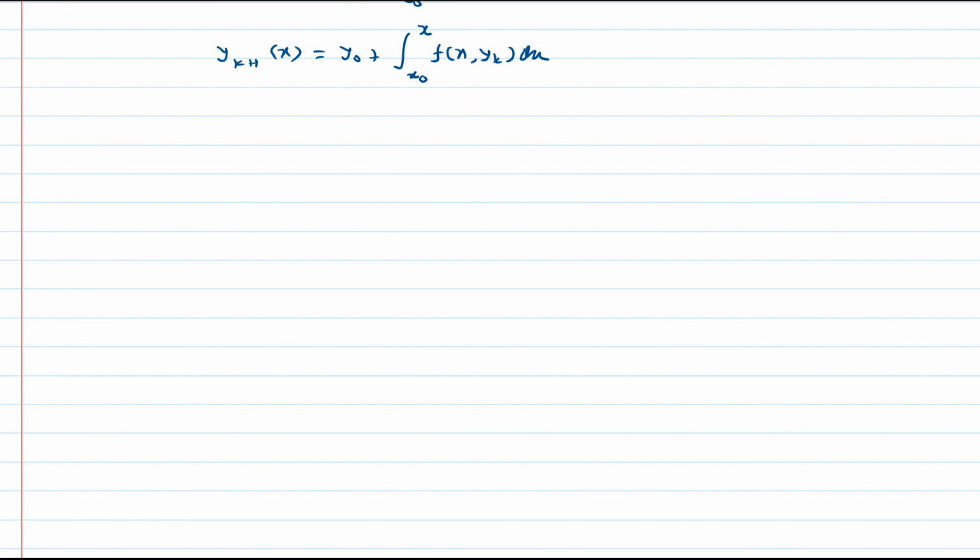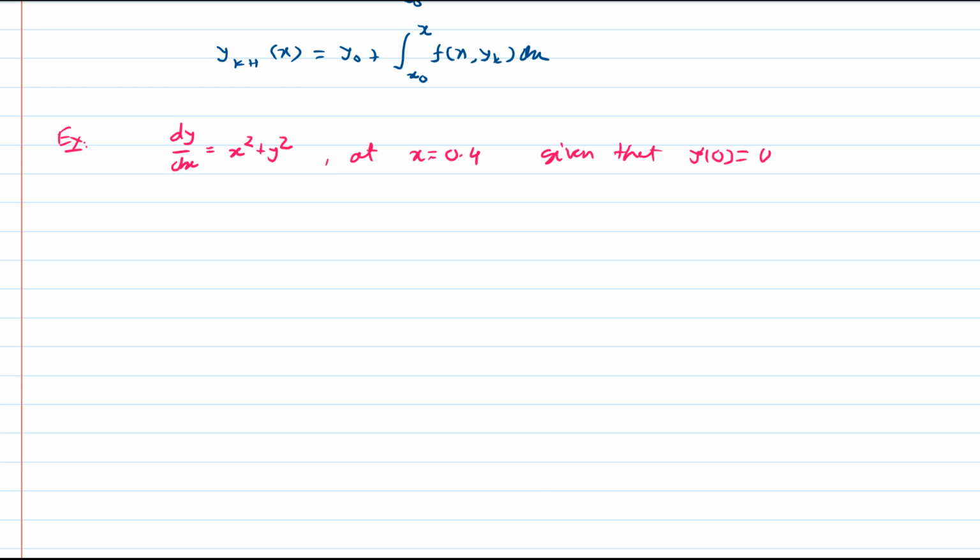Say in the example, solve the equation dy/dx equals x squared plus y squared, and we want to find the solution at x equals 0.4, and the given condition is y(0) equals 0.